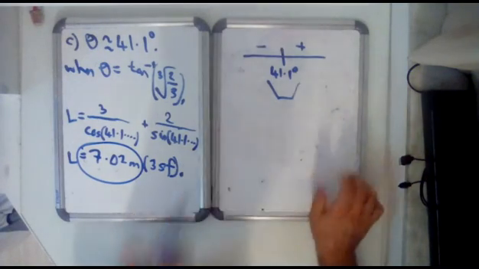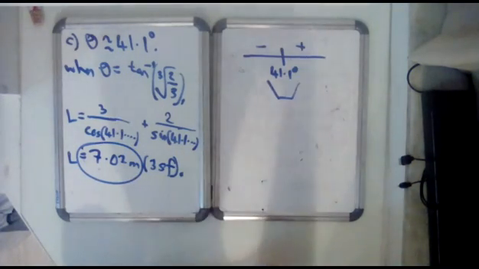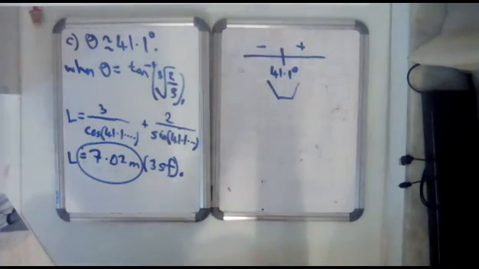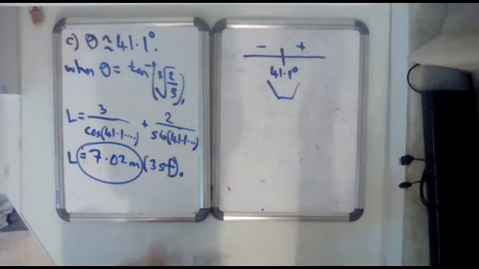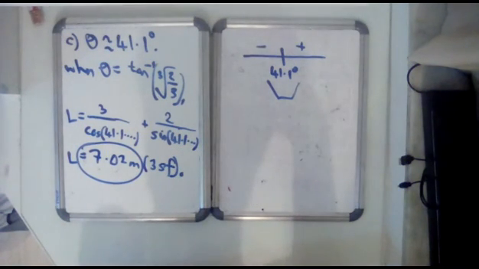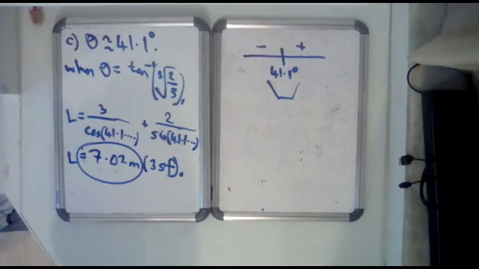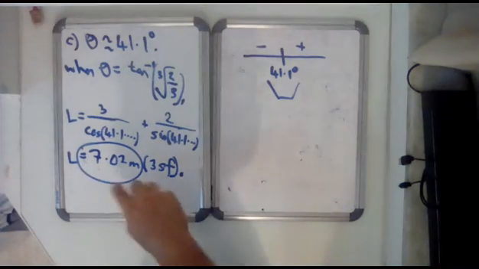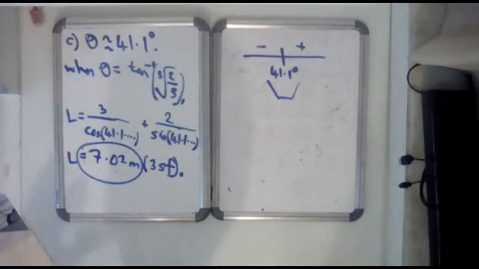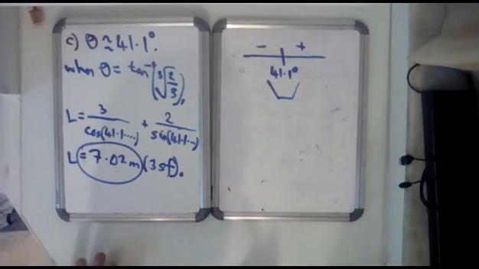If your rod is anything longer than 7.02 meters, then it's not going to fit around there without bending, because once it gets to 41.1 degrees, you reach the minimum length. If that angle is different, you'll be able to get a bigger rod in, but to be able to get around the whole corridor, you're going to need something that's under 7.02 meters long.